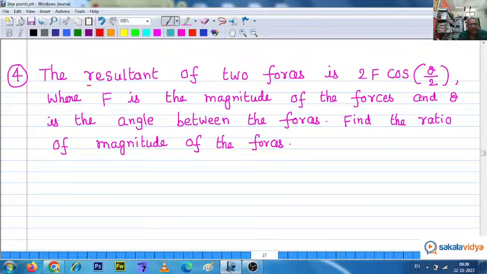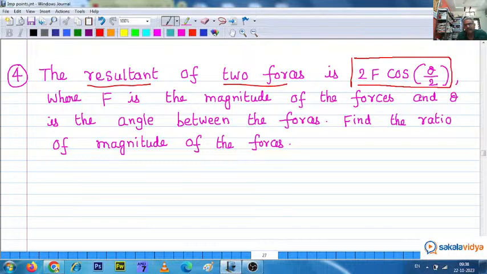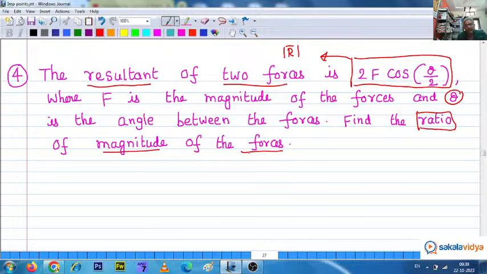See, the resultant of the two forces is given as 2f cos theta by 2. This is nothing but, you can say, r bar is given, and theta is the angle between them. Then we need to find the ratio of magnitude of the two forces. So let us proceed for the solution now.